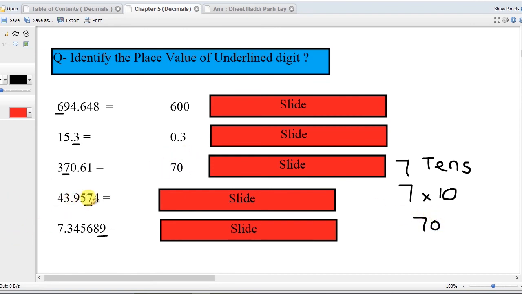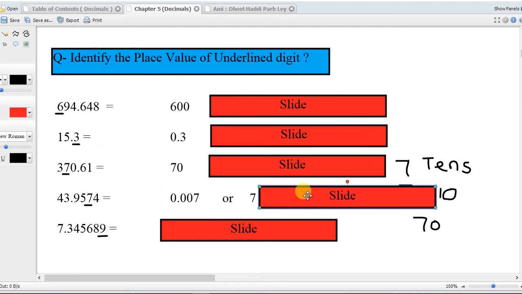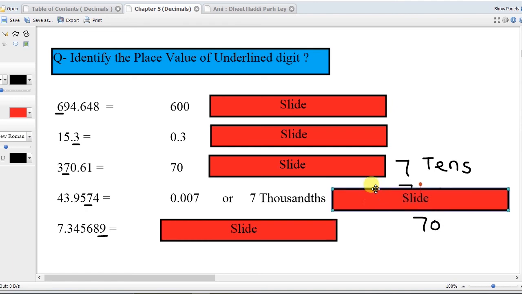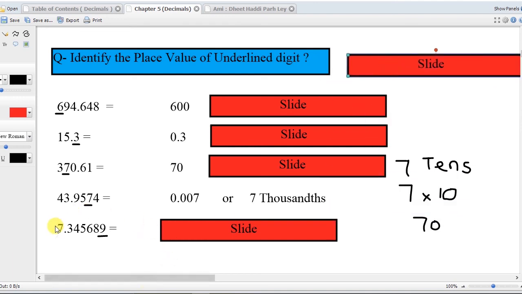So this is how you get this value. The place value of this digit 7 is tenth, hundredth, thousandth. So thousandth is the place value, or simply 0.007. The next is the place value of this digit 9.